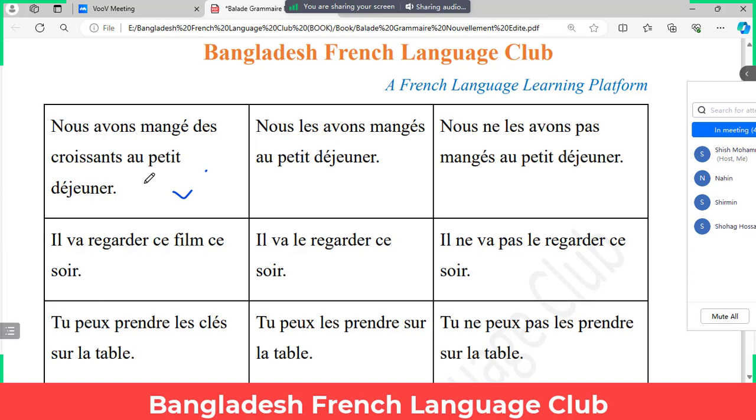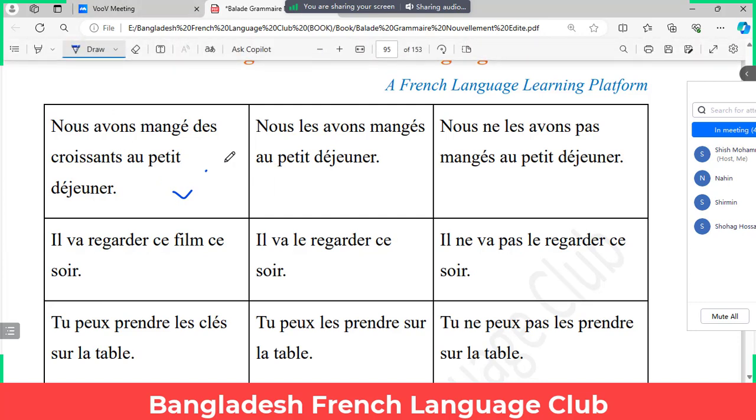So as it's plural, it is les. So nous les avons mangés au petit déjeuner. Good.